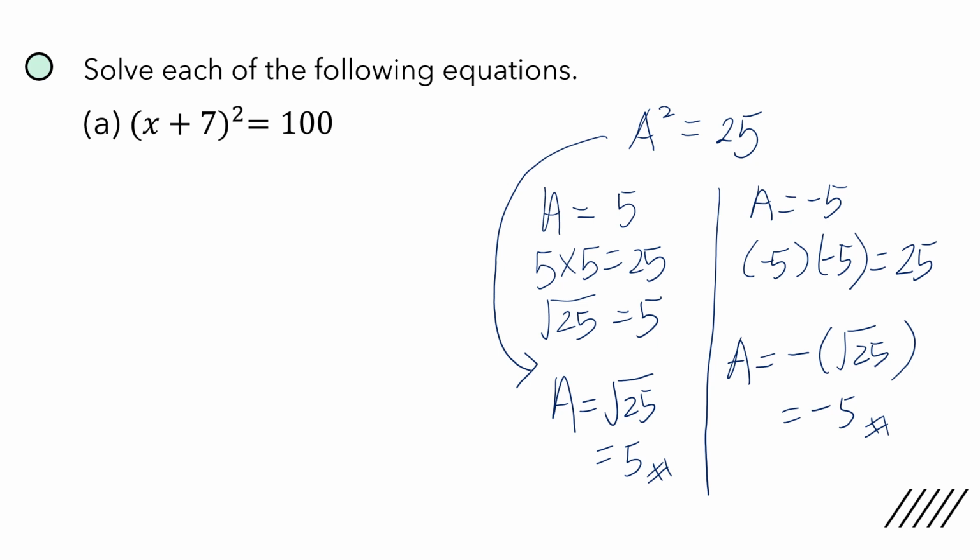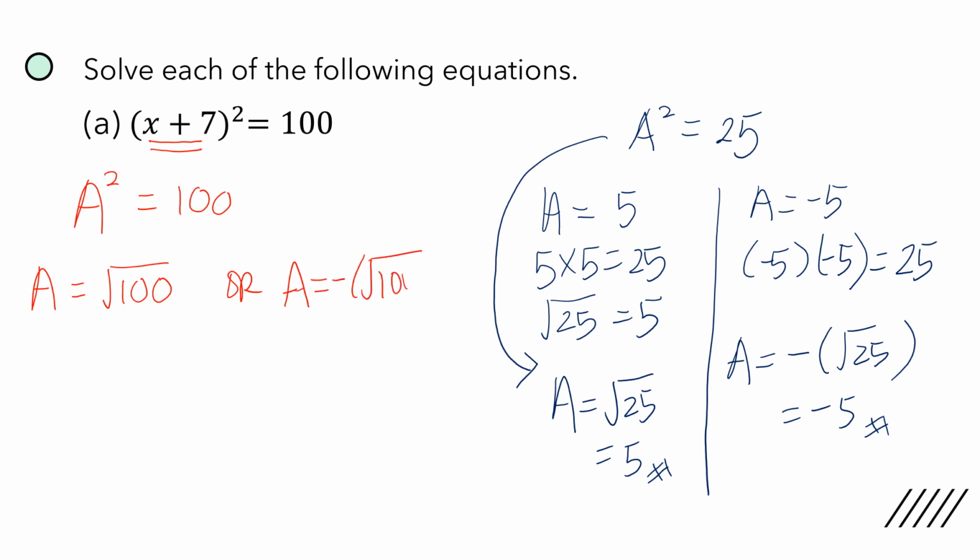Alright, so applying this concept, let's look at this question here. I'm going to treat this guy like a letter A. So A squared equals 100. So the two possible values for A will be square root 100, positive, can have negative also, which gives me 10 or negative 10.